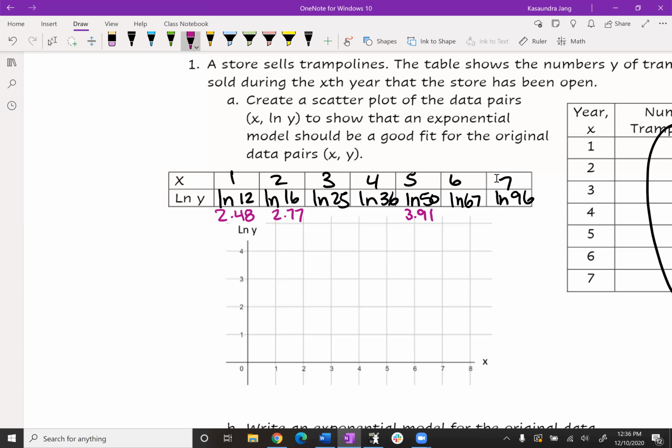You got 3.58, looking good. All right, Lexi, for the natural log of 96, this last one here, you got 4.56. All right. And then let's see, Casey, you did the natural log of 67. Okay, got a 4.20.